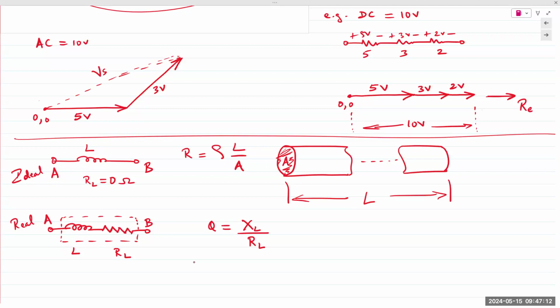If you have high quality inductors, you have to add in an extra series resistance. If you have low quality inductors, then that inductor itself will have a resistance, and then you're adding a second resistor in series. So you have 2 resistors right there to model. Hopefully all of this is not too confusing, but that's what the Q is. Q is the ratio of the reactance to the resistance.